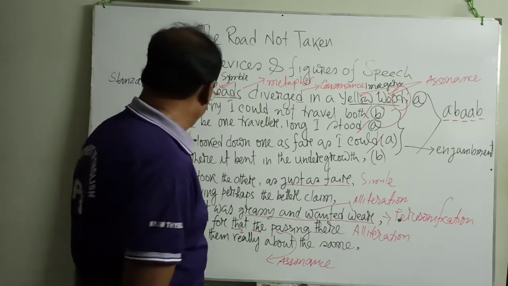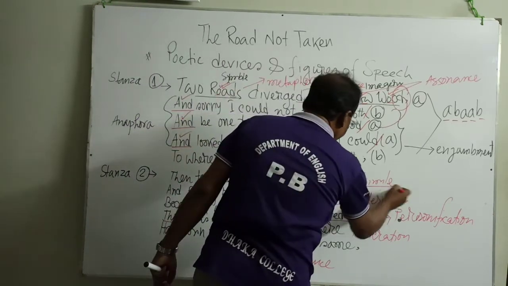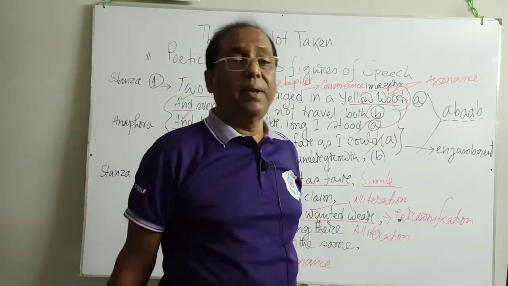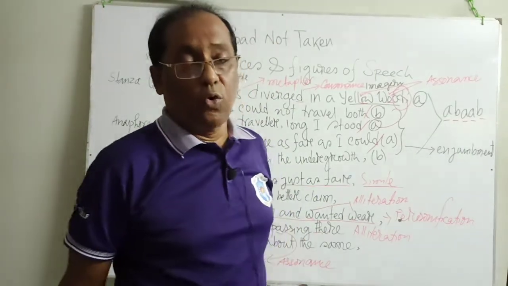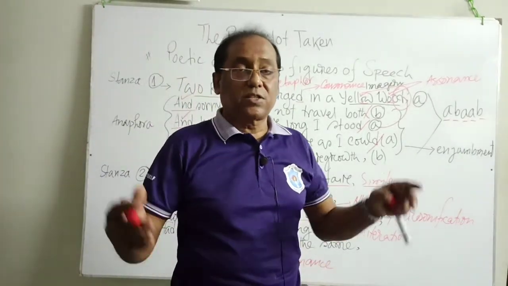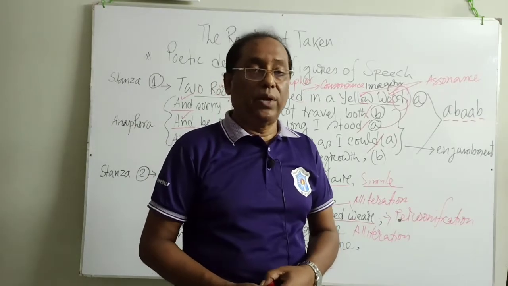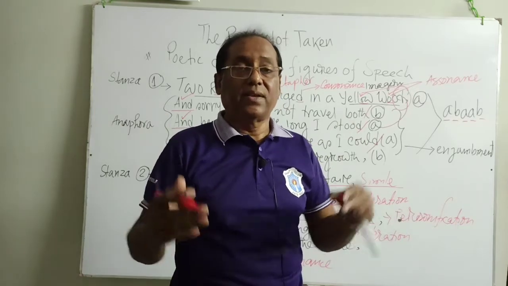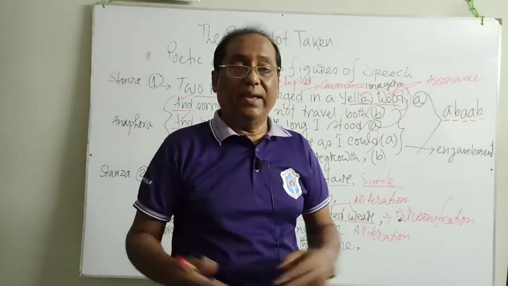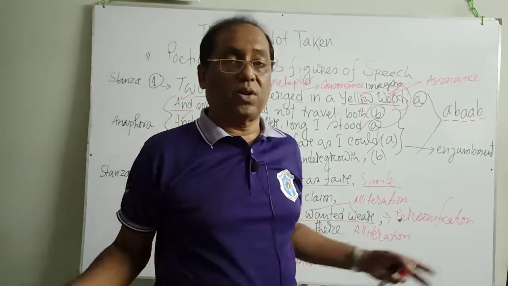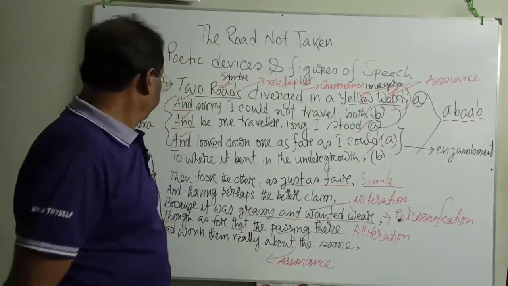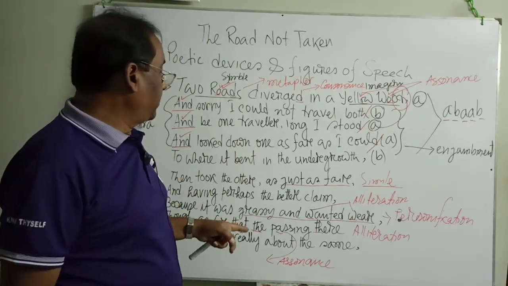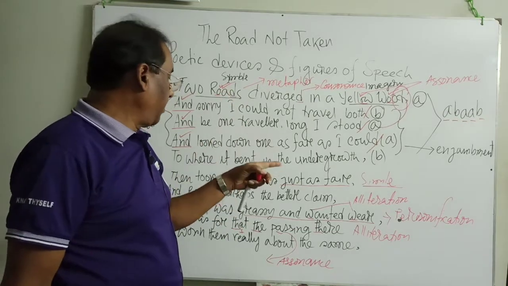In the first line we find simile. What is a simile? A simile is a figure of speech which means an explicit comparison between two dissimilar things using as, like, such as, etc. Here the road is compared: just as fair.